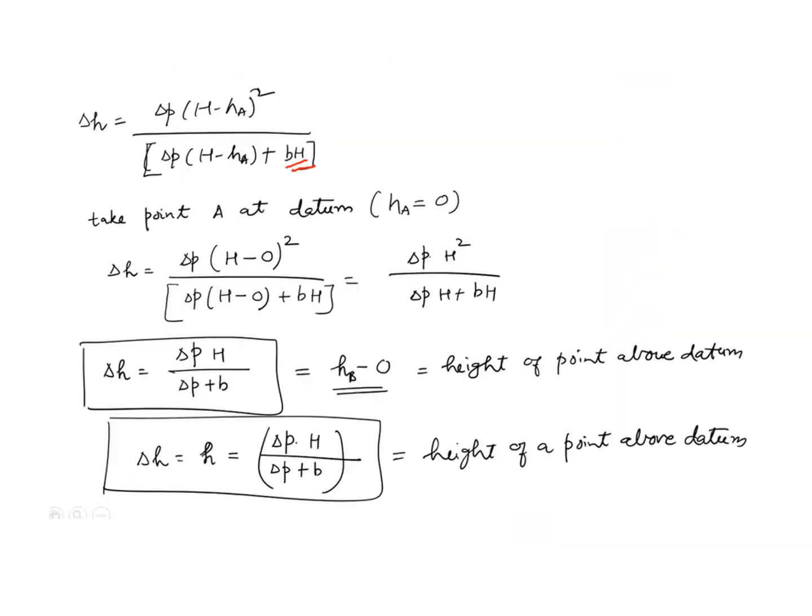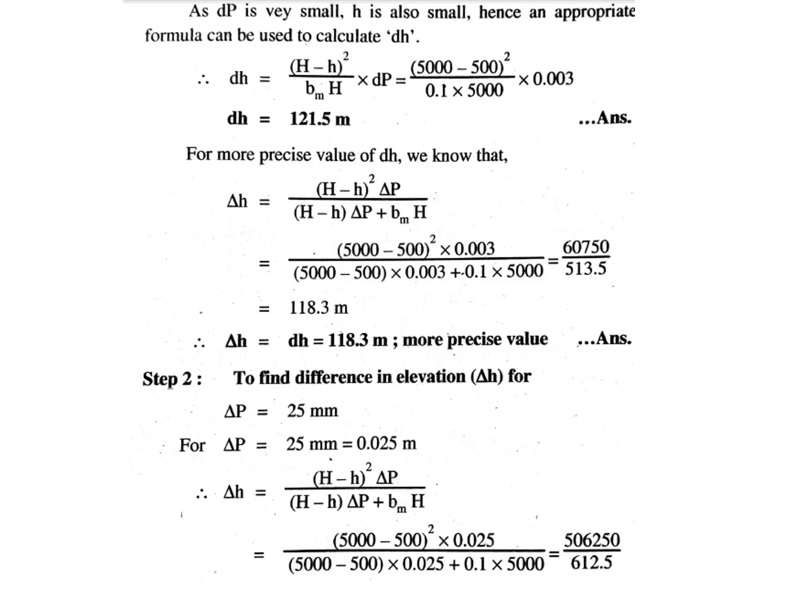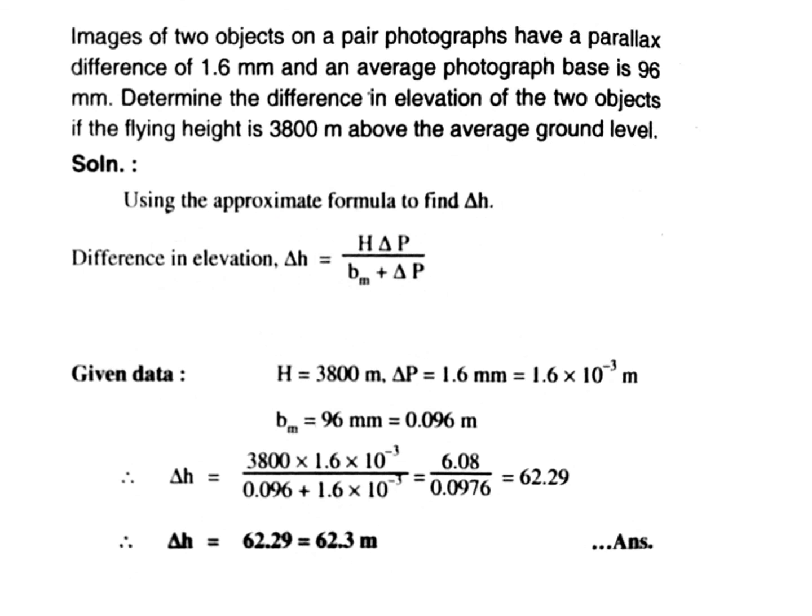So this is called dp. Here, delta h is equal to h times delta p divided by p plus delta p. Just compare the values and how you are getting them.